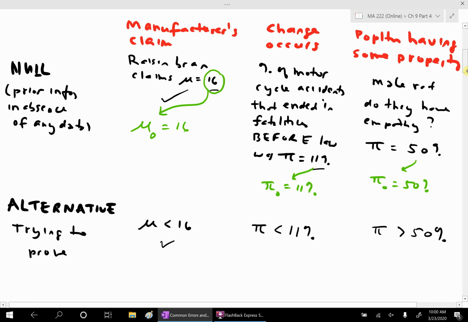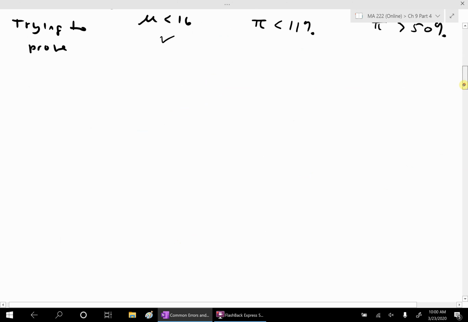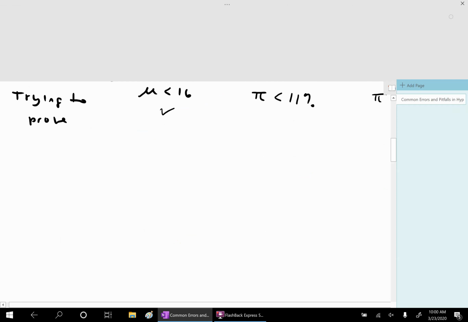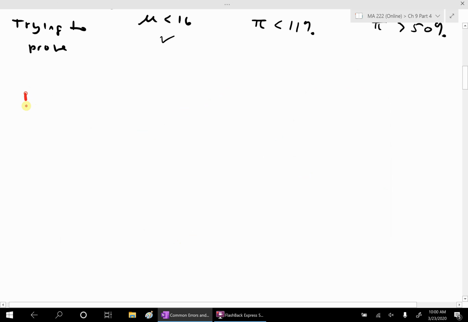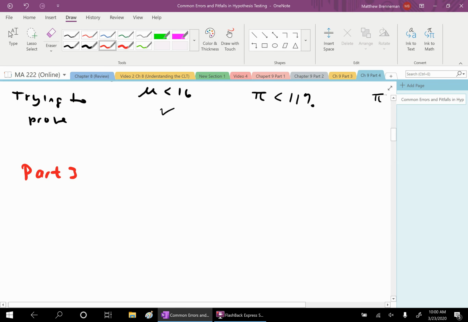And so finally, in part 3, we talked about what the logic is behind how this happens. And so we introduced this analogy with a court trial. Here we talked about the logic of how a hypothesis test works.